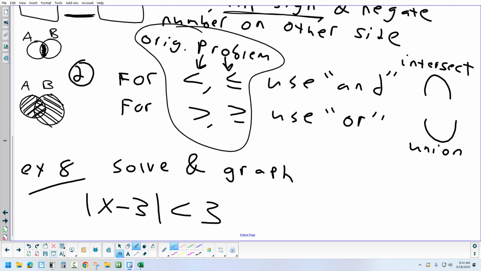Okay, so let's try an example. So first question, is that absolute value isolated? Where do we get Jackson? It is isolated? Yeah, it is isolated. It's by itself. We don't have like a 2 plus or anything like that on the outside. So we're good to split it.